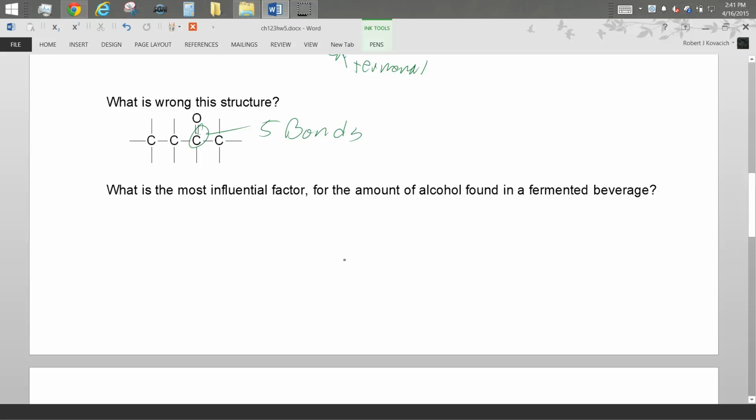What about it? Like how much alcohol the yeast spits out, the type of strain of the yeast. Yeah, it's definitely the strain of the yeast, but what about the strain? How much alcohol it gives out. Yeah, hardiness. So if it can sit in its own waste longer than another yeast, then your beverage is more alcoholic.